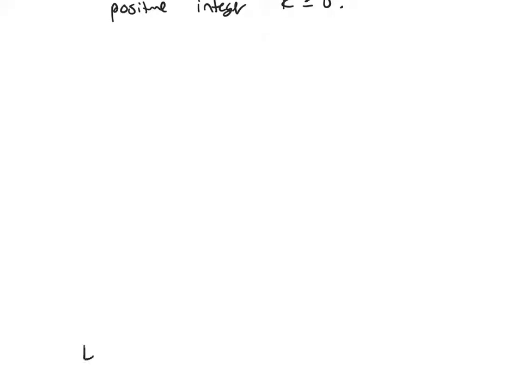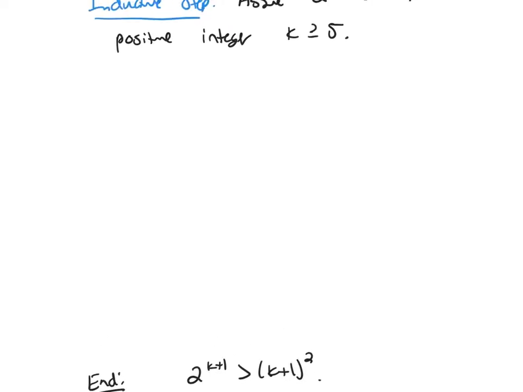So in the end, I need to show that it's true for k plus 1, that 2 to the k plus 1 is greater than k plus 1 squared. Okay, so keep that in mind.